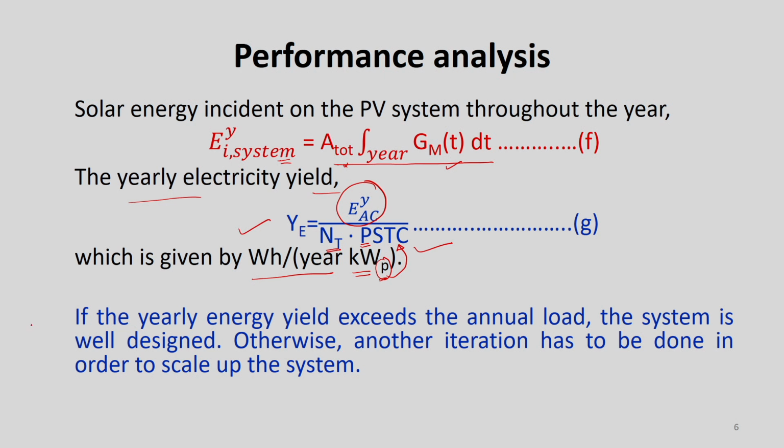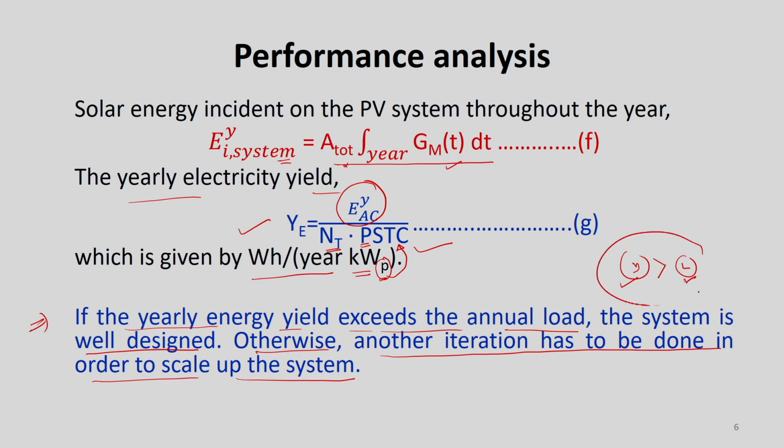So, if the yearly energy yield exceeds the annual load, so we have energy yield and then we have load, if it is like that, the system is well designed. Otherwise, another iteration has to be done in order to scale up the system. So, this is an important condition for designing a grid connected PV system.